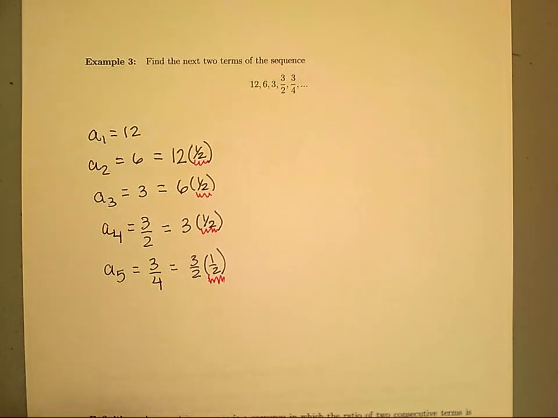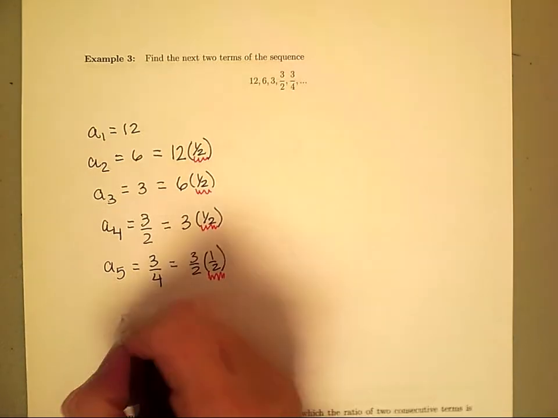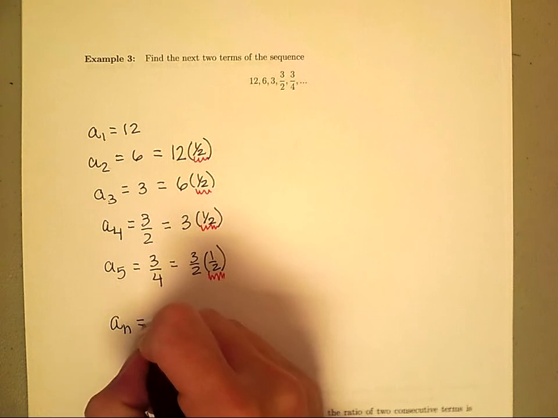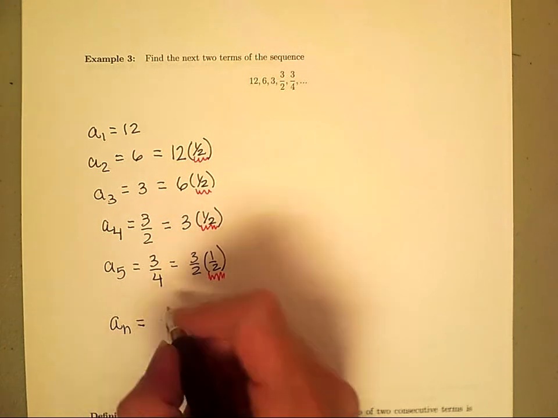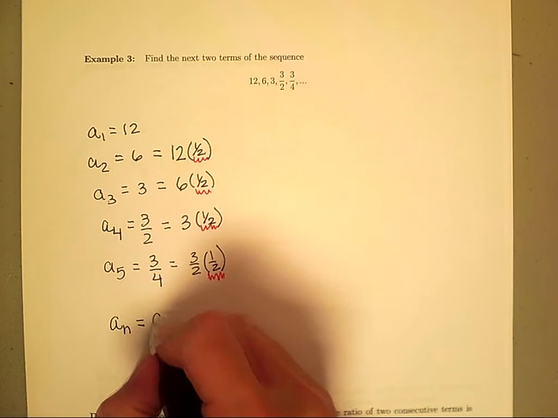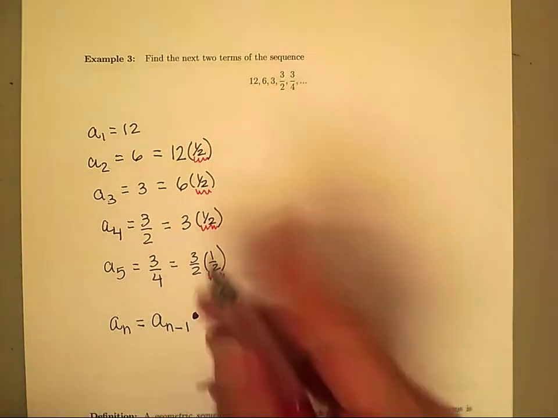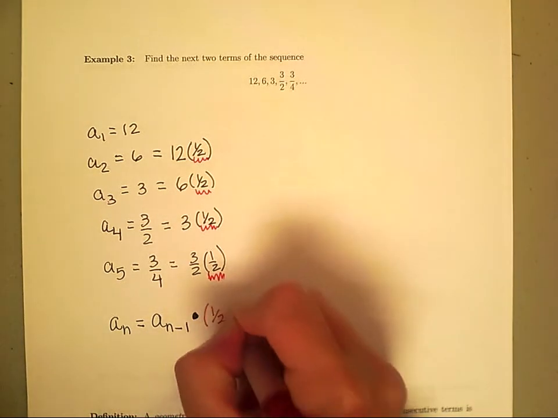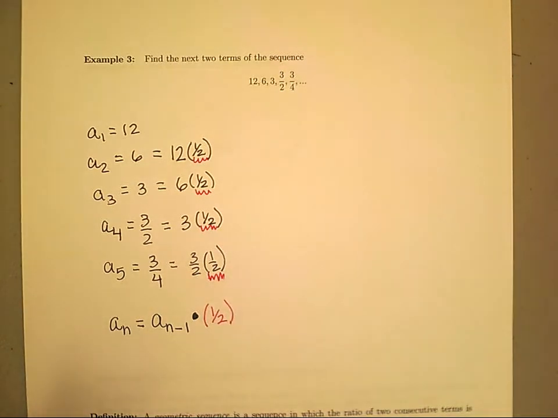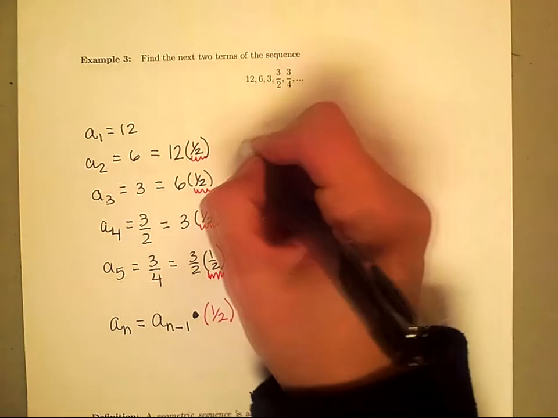So I could write the nth term here as a sub n is equal to the previous term, so a sub n minus 1, times 1/2. Now let's look at this a little bit differently.